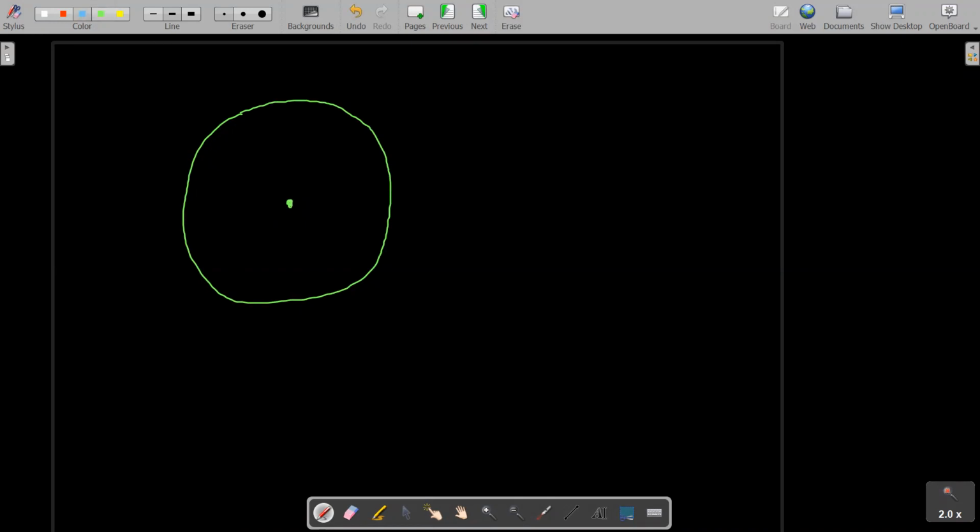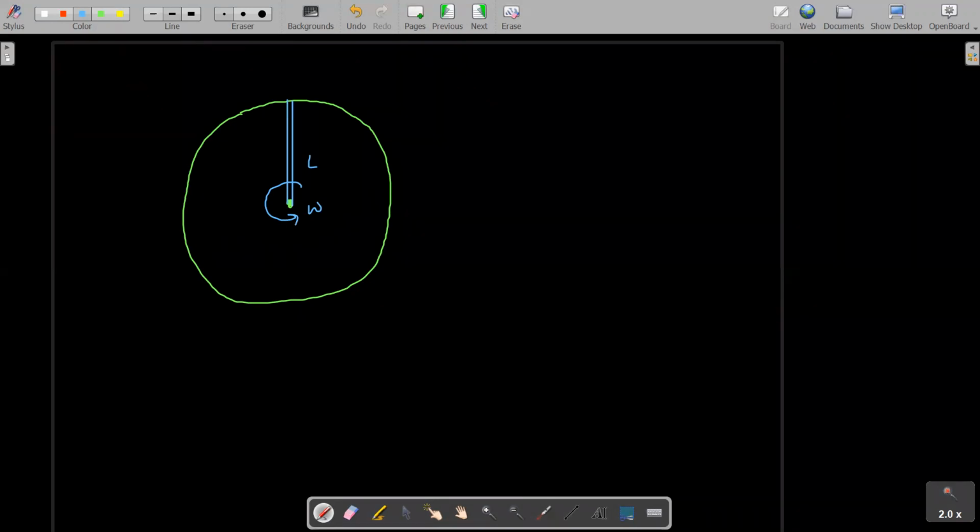Now I have a rod like this, of length L, and it is rotating at some angular velocity omega. What will be the EMF induced? Can you tell me?